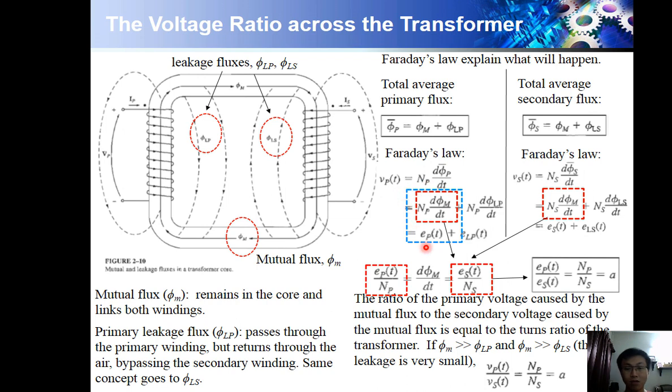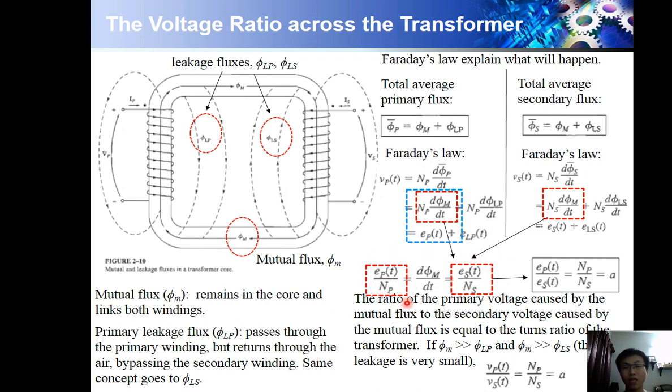Then let's focus on this side. If I want EPT divided by NP, I can equate it as d phi m dt like this, right? Same as well, this one also gives d phi m dt, which I equate as EST divided by NS.